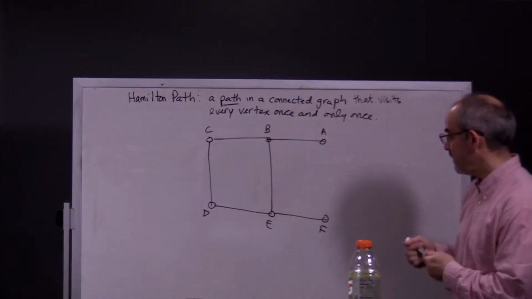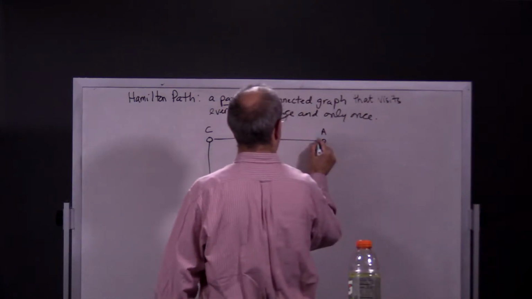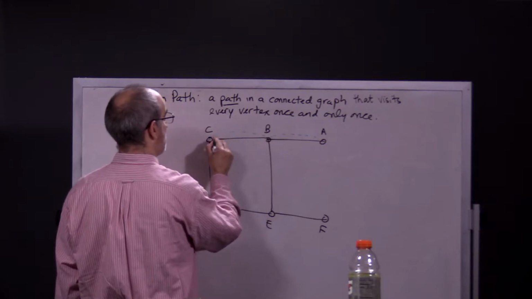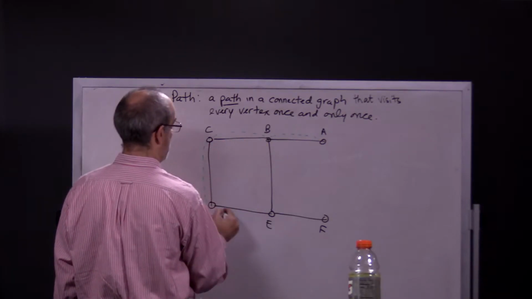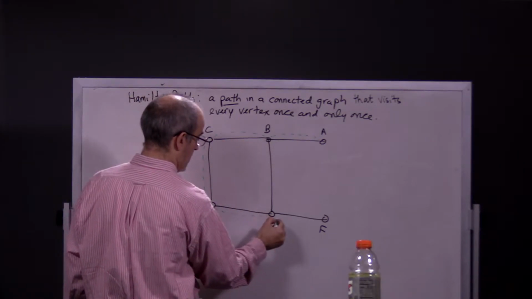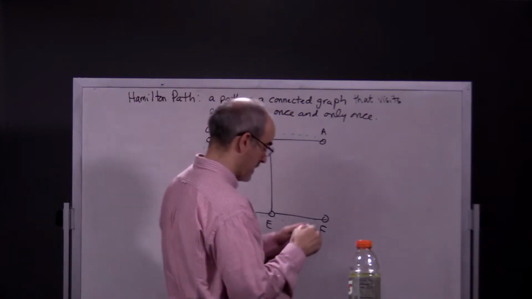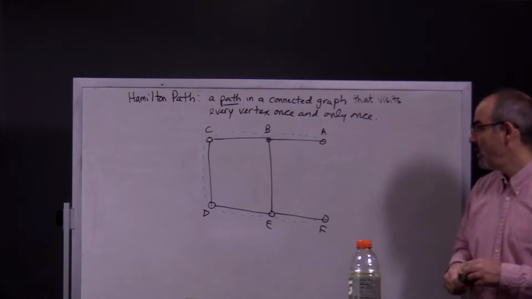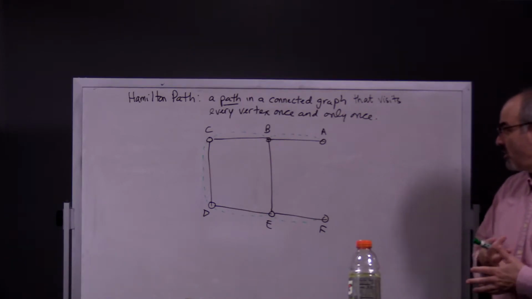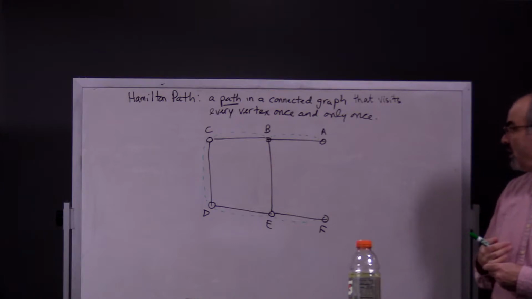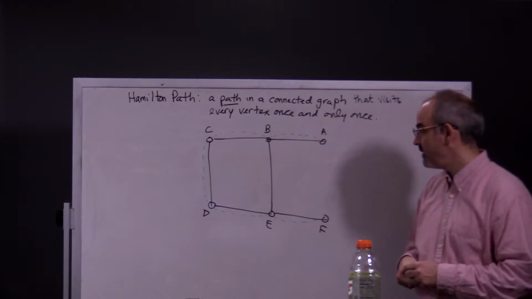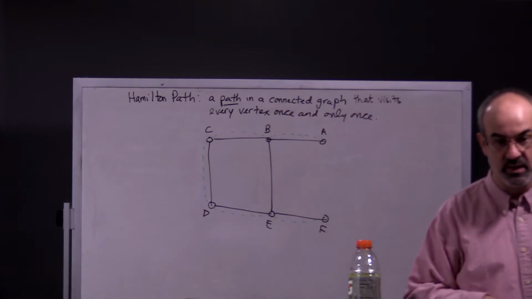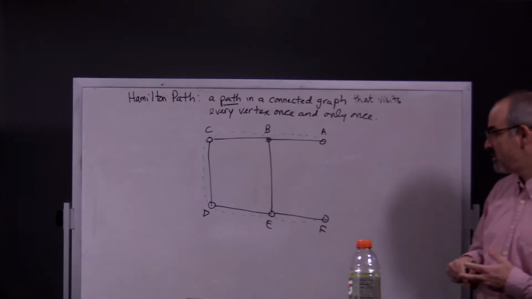If I start at A, I could go to B, then C, then D, then E, then F. That is a Hamilton path in this graph. We visited every vertex once and only once, and that's definitely a path. We traveled along distinct adjacent edges.